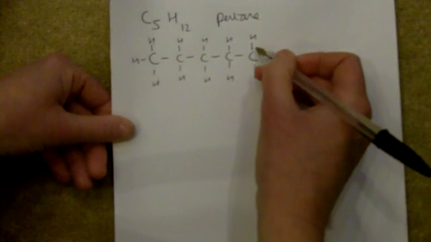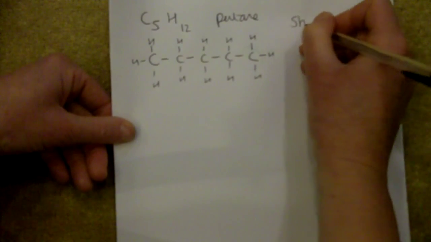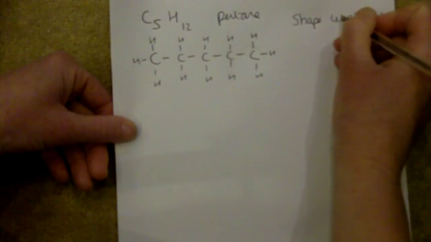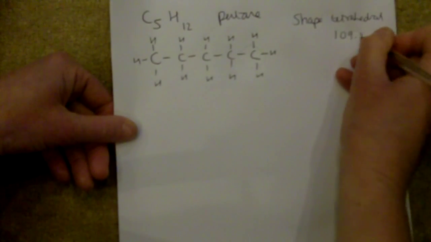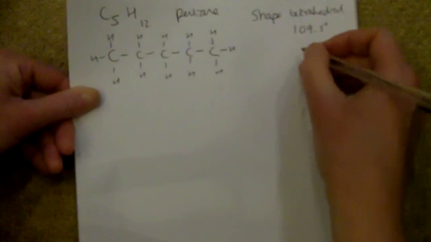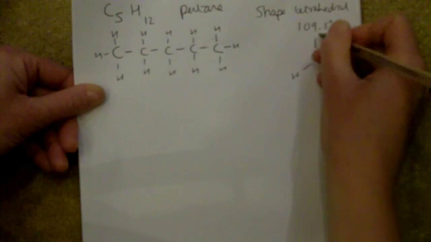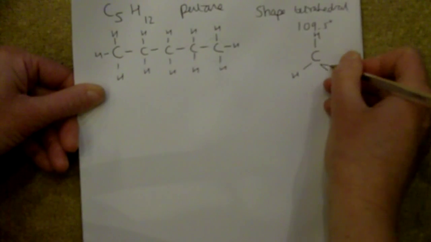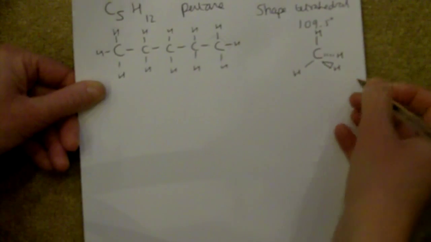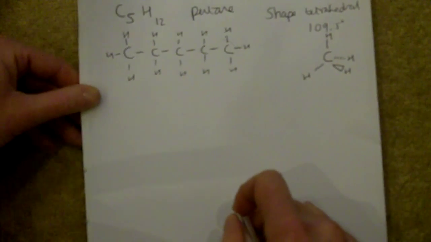And around each of these carbon atoms, the shape is tetrahedral, bond angle 109.5 degrees, around each carbon atom. If we took the simplest, methane, remember how to draw your 3D shapes. Methane is tetrahedral, with a bond sticking out, a bond going back and down. Around each of these carbon atoms is a tetrahedral shape.